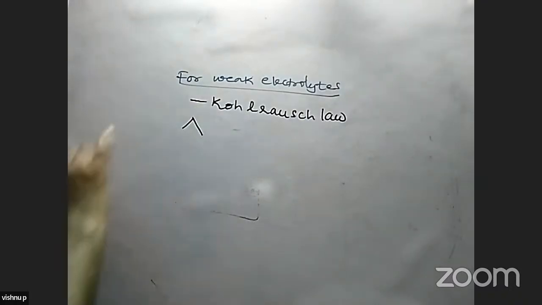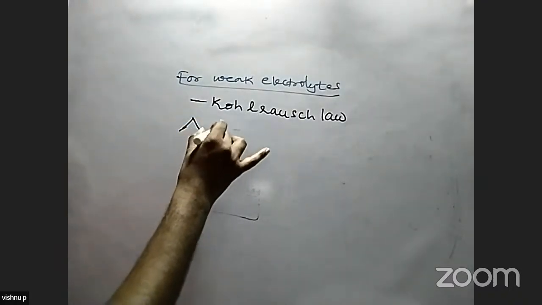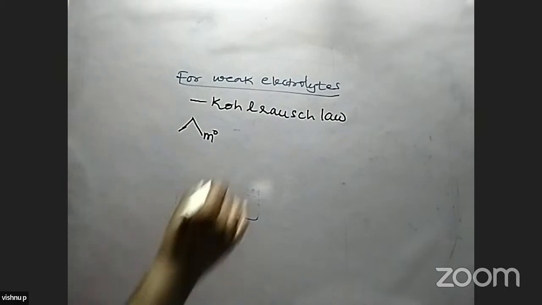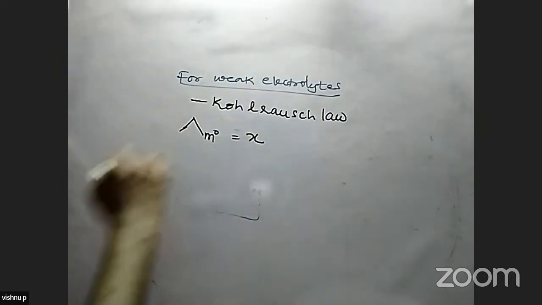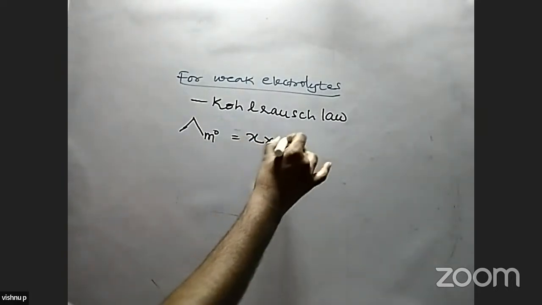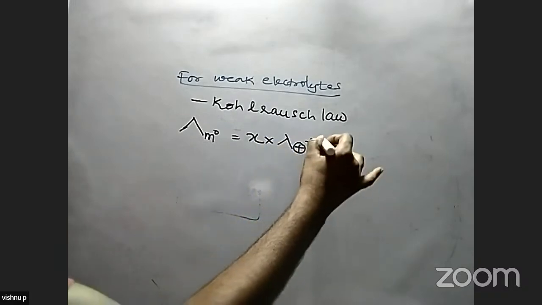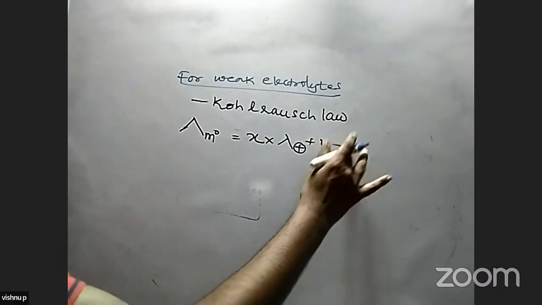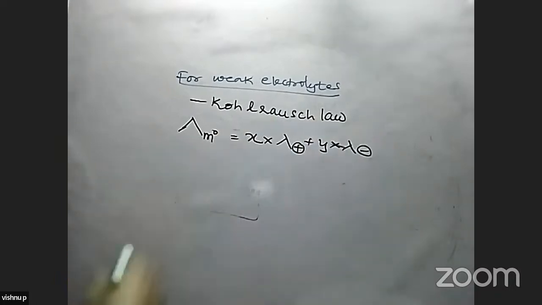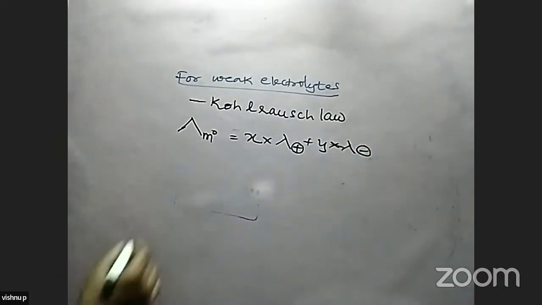According to this law, the molar conductivity at infinite dilution is equal to the number of cations times the conductivity of cations plus the number of anions times the conductivity of anions.